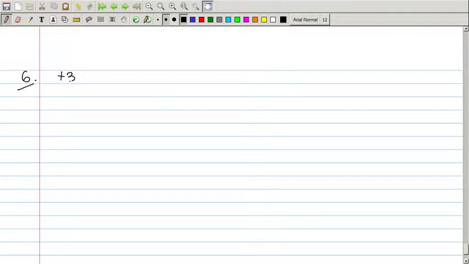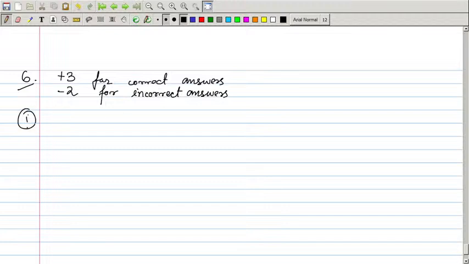So plus 3 for correct answers, minus 2 for incorrect answers, let's see. Sachin scored 24 marks.